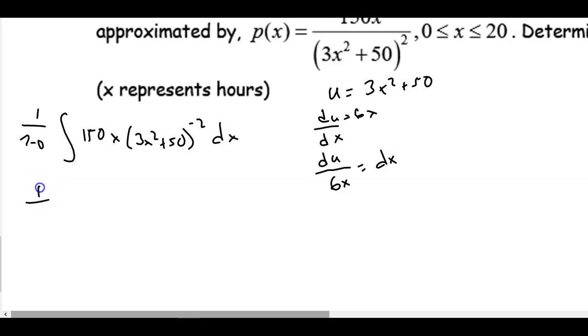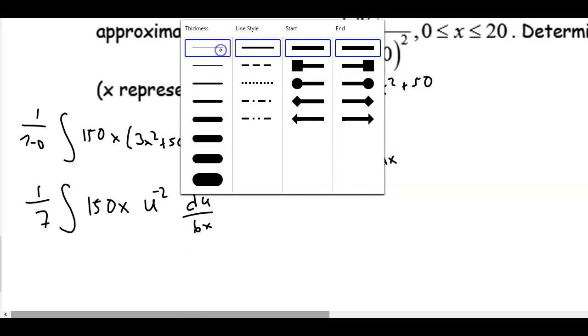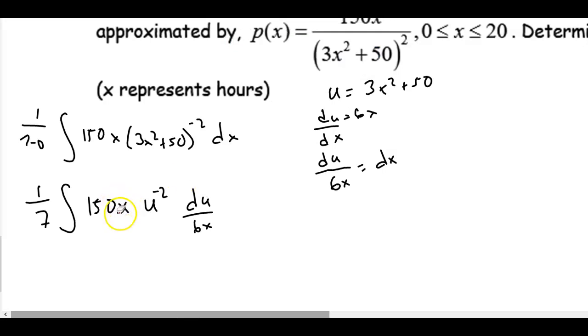So that's 1 over 7 times integration of 150x times u to the negative 2 du over 6x. And now, if you look real quick, you'll see that the x's are going to cancel. And so we'll now have 150 over 6, right? Let me rewrite it for you.